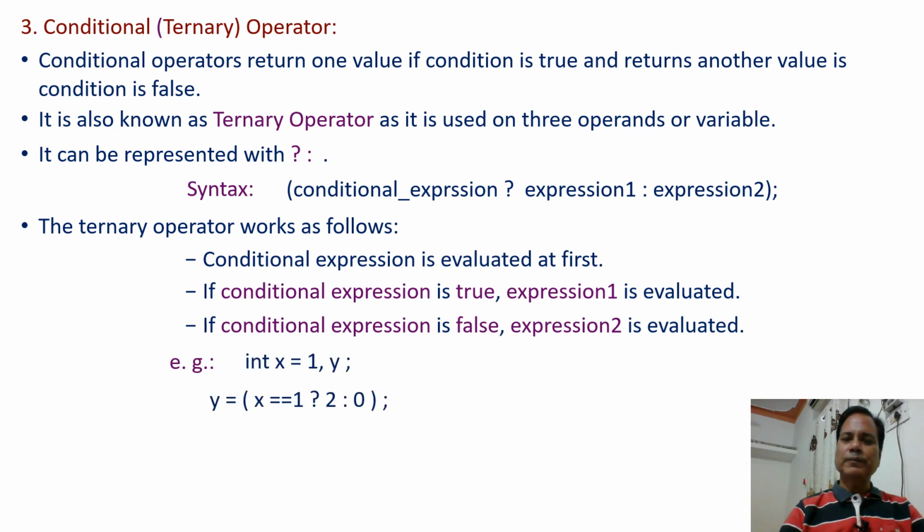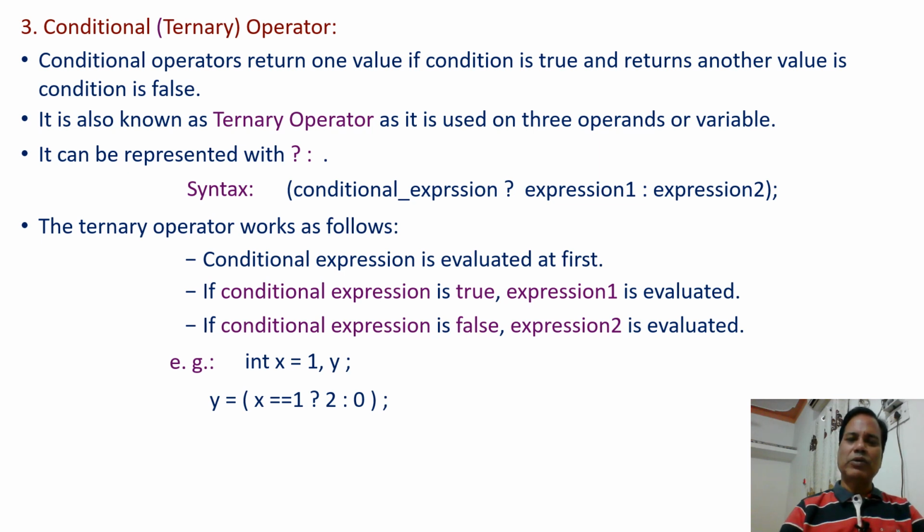For example, int x = 1, y; using this statement, two variables are declared, x and y. These two variables are of integer type, and the value of x is initialized.